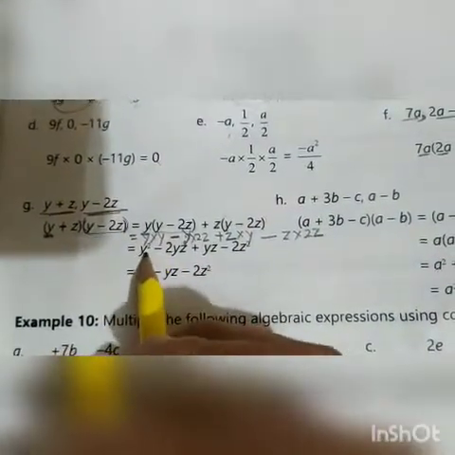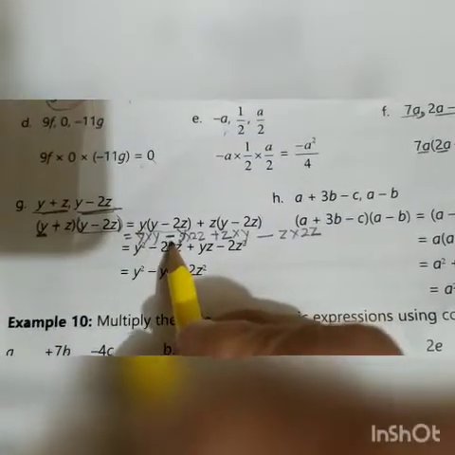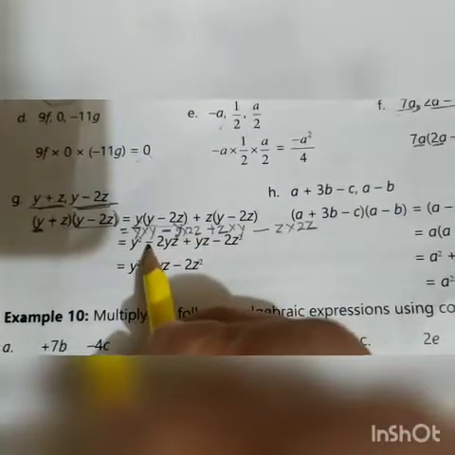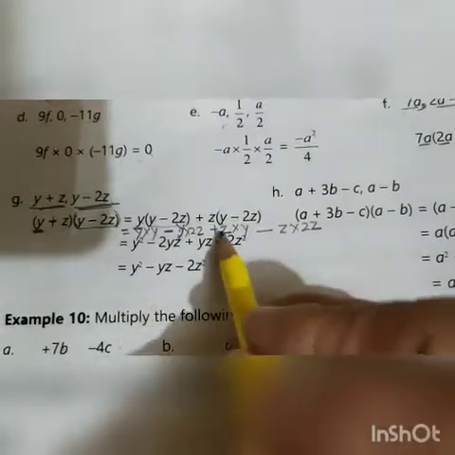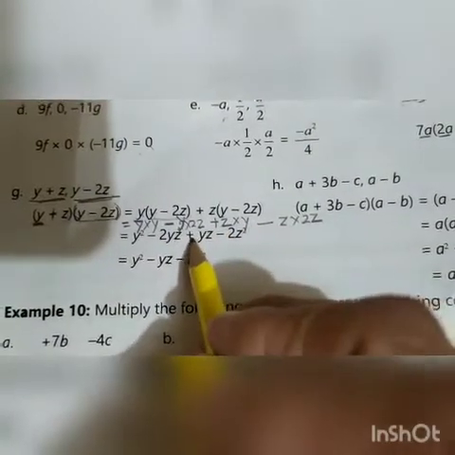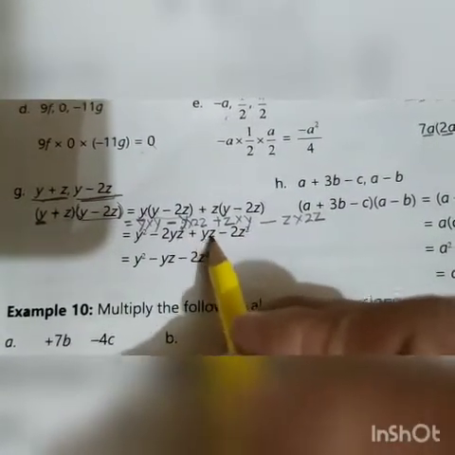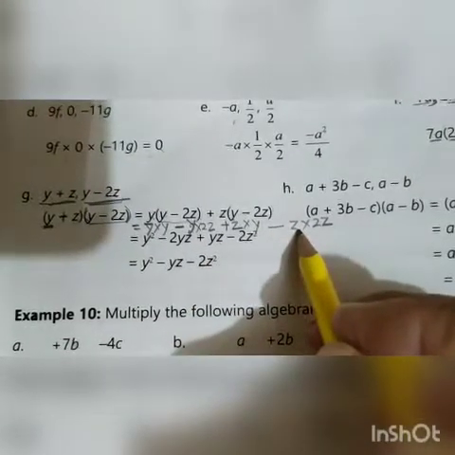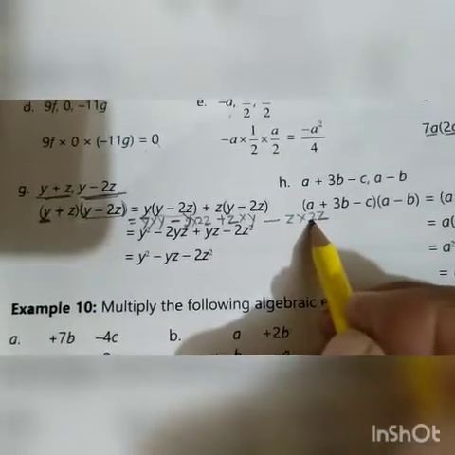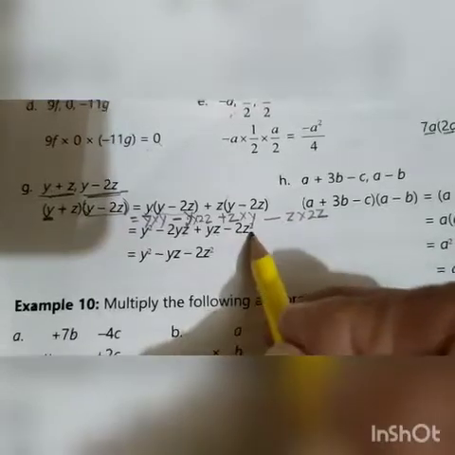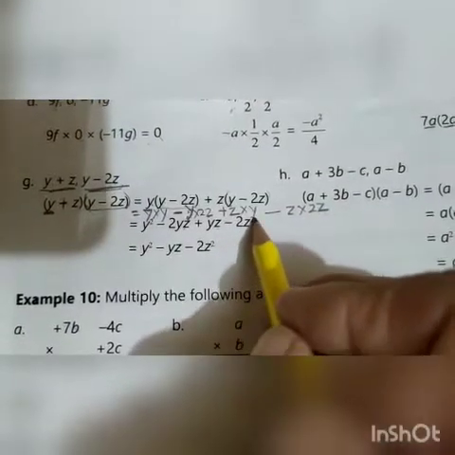Then y multiply y is y square, minus y multiply 2z is minus 2yz, plus z multiply y is plus yz, zy will be written as yz, minus z multiply 2z, it will become 2z multiply z, z square, means minus 2z square.